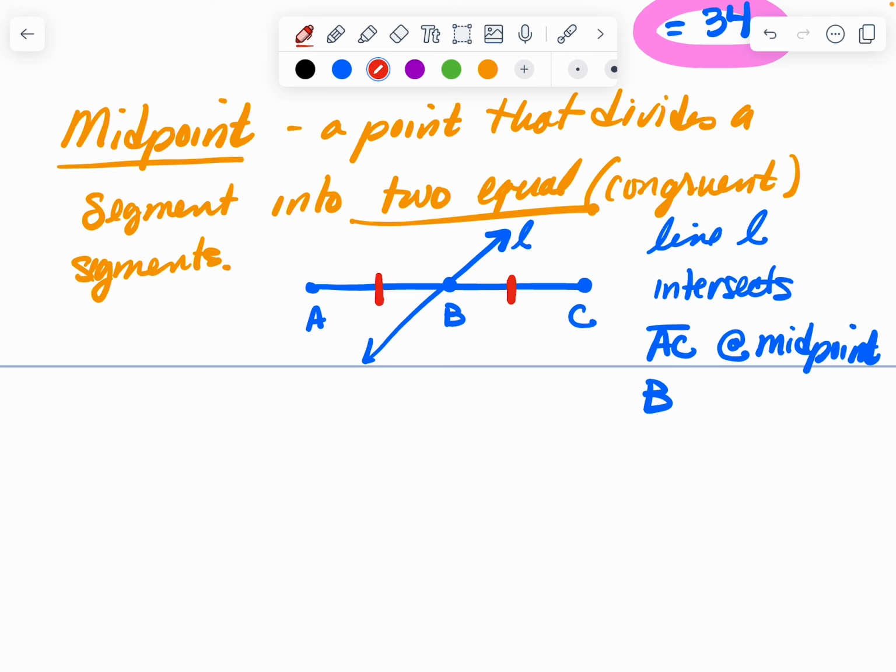Another thing that we need to talk about is the idea of bisector.